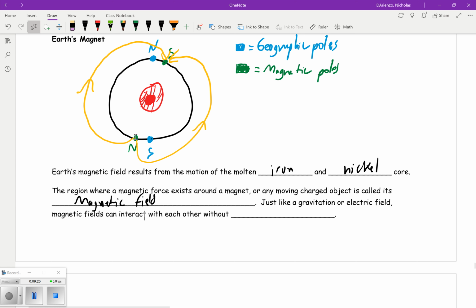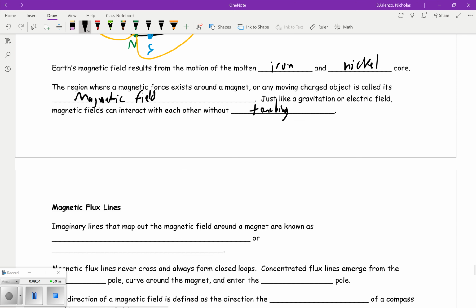And we'd see these lines seeking a south pole, from the north to the south pole, around that moving charged object or around the magnet. This is similar, like I said, to a gravitational or electric field, because magnetic fields can interact with each other without actually touching other objects. So we don't have to be in physical contact in order for this magnetic field to have some type of interaction.